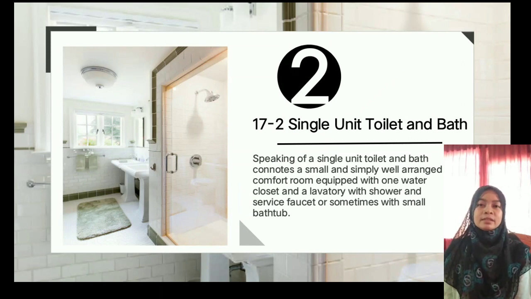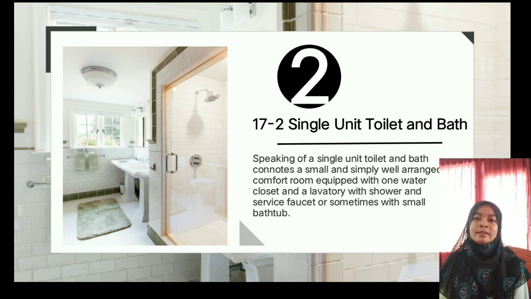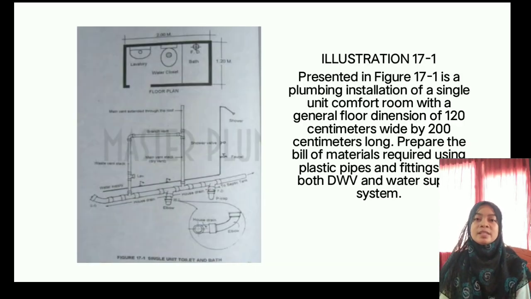Speaking of a single unit toilet and bath, it is a small and simple, well-arranged comfort room equipped with one water closet and a lavatory with shower and service faucet, or sometimes with a small bathtub. Here is illustration 17-1.